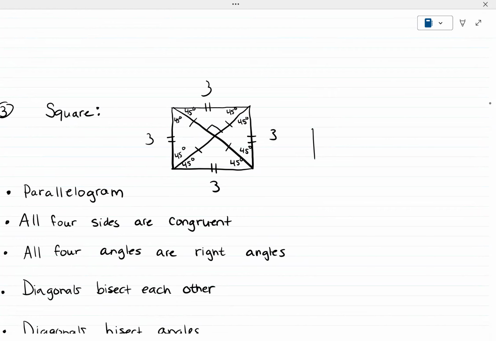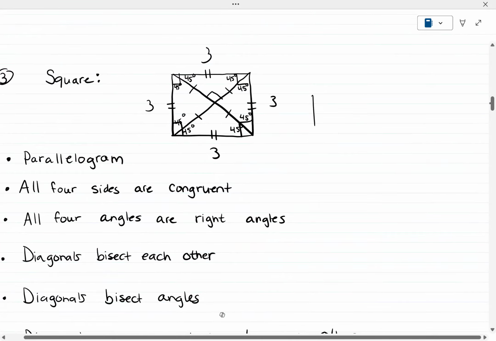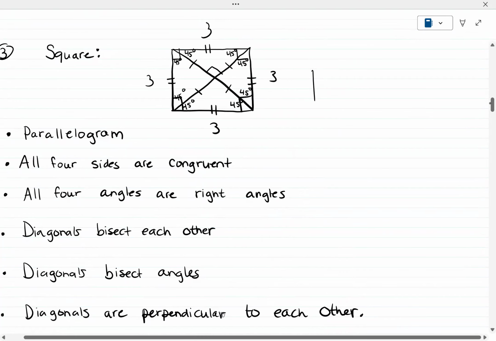All four angles are congruent. Just like a rectangle, all four angles are 90 degrees. Diagonals bisect each other, diagonals bisect angles, and diagonals are perpendicular to each other.